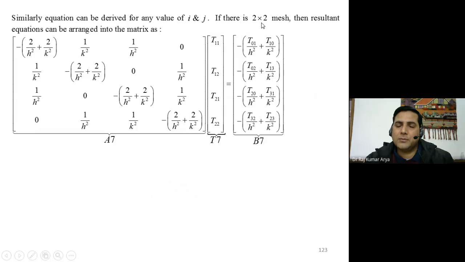I changed I from 1 to 2, and J also from 1 to 2. So this was my matrix, and these are my unknown temperatures T11, T12, T21, and T22. Whatever was not present there, its coefficient is 0 here. Is this fine? Yes, sir. So I generated first for only a 2 by 2 mesh, and I got this matrix. You should also generate it and cross check it. This is just for homework.